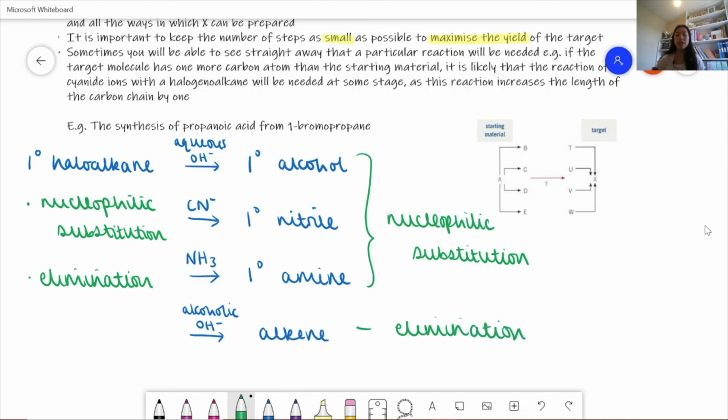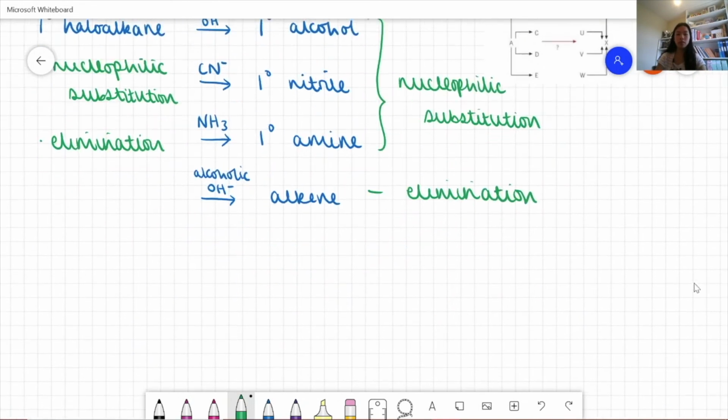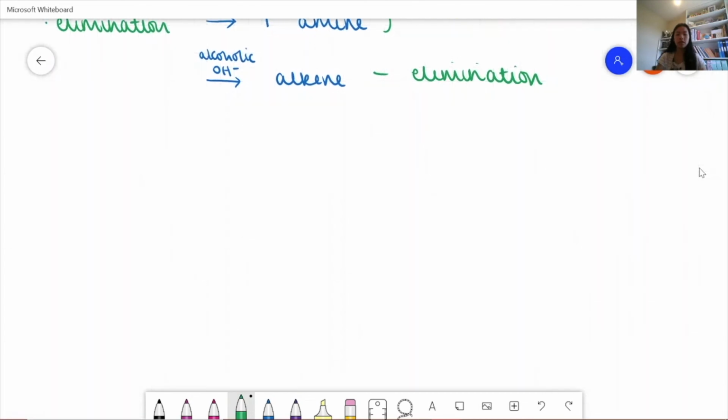And now I'm going to do the same thing, but with the target molecule. So what we can make the target material out of. So this time I'll start with the material on the right. So we have the end thing that we want to get, which is our propanoic acid.